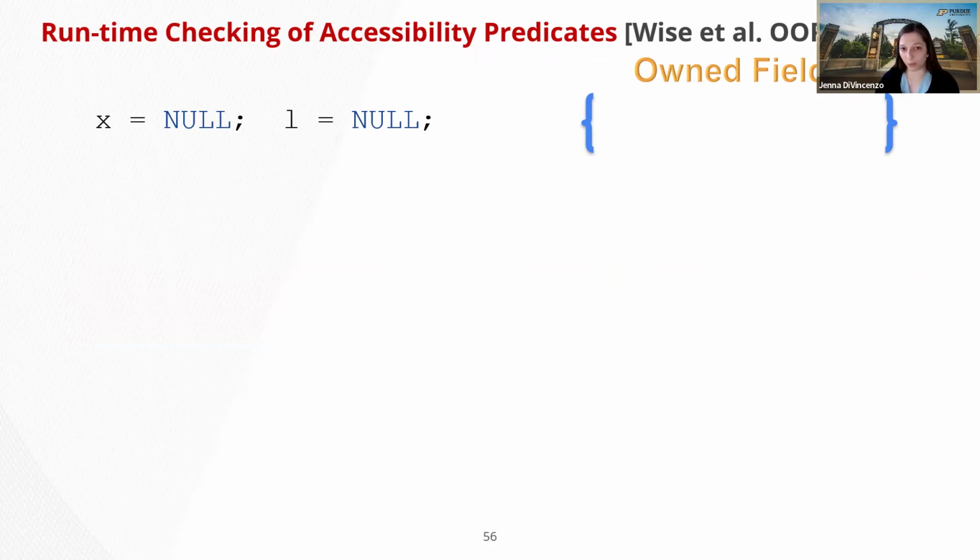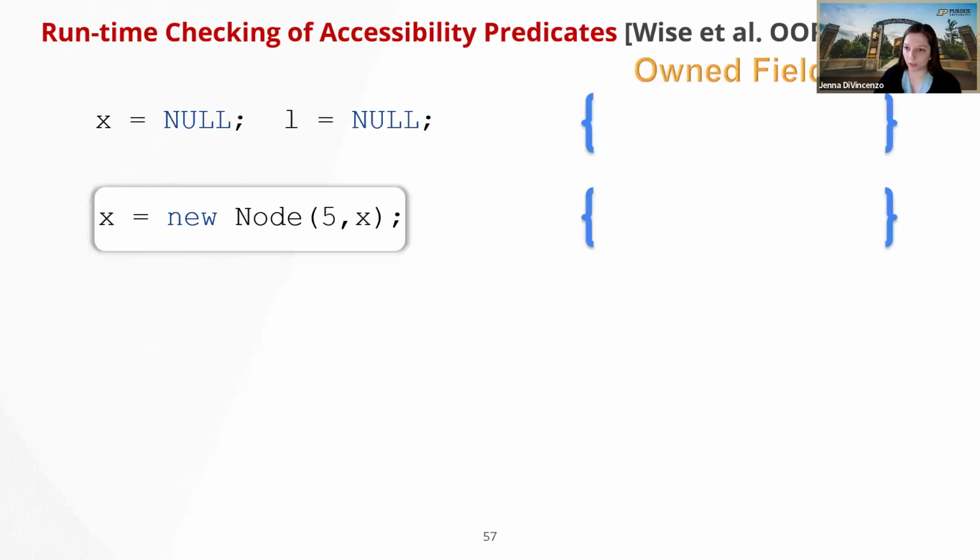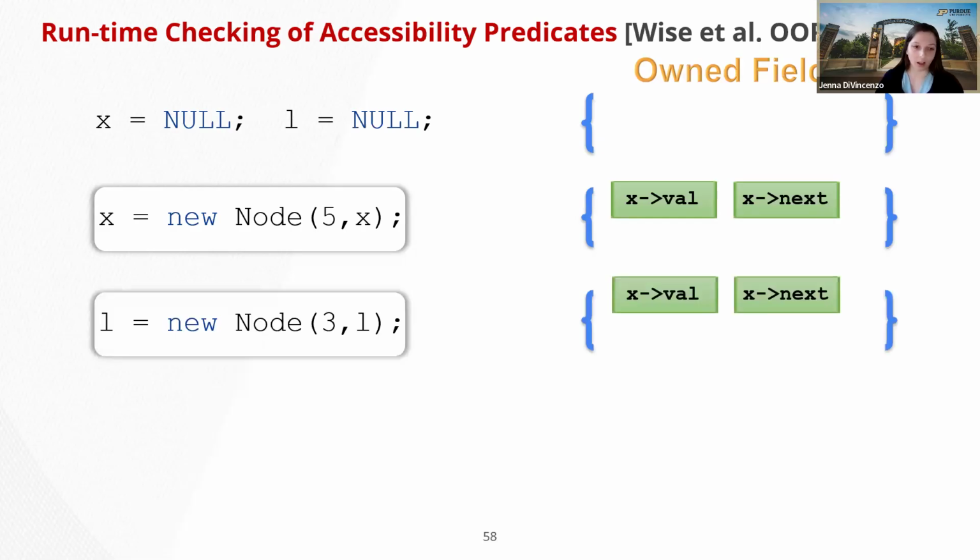At the start of the program, we will allocate and initialize a new owned fields set, and it will be empty because we don't have any heap locations. If we do allocate new heap locations, we will add them immediately to be owned. So the moment you allocate something to the heap, we own those heap locations. And we do so here with both X and L. We will allocate and insert a new node at the head of their lists. And so all those heap locations become owned.